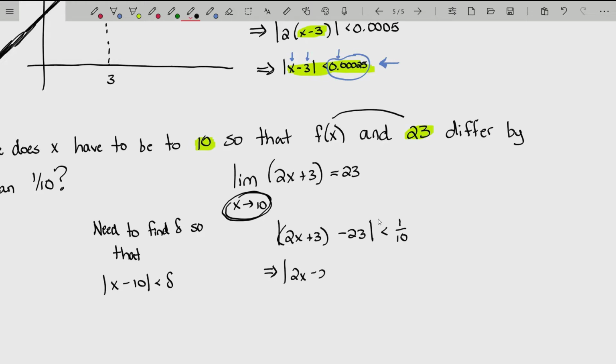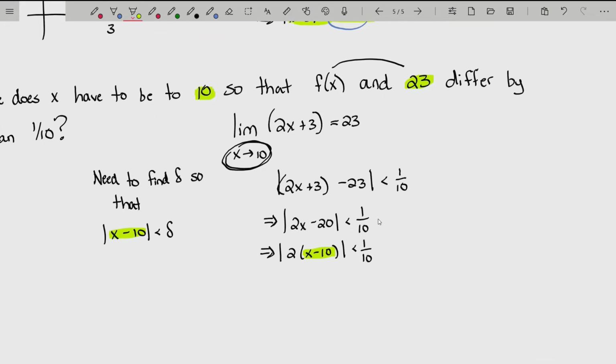This is the absolute value of 2x plus 3 minus 23, which is just 2x minus 20. Factor out 2 from both those terms, and I see this glorious x minus 10, which is where I want to arrive. I want to get it by itself within absolute values.